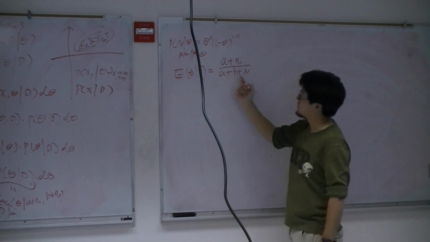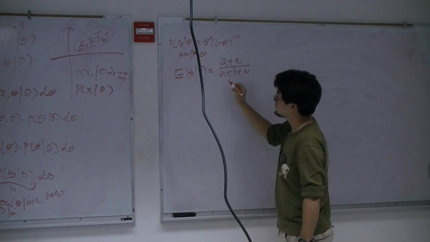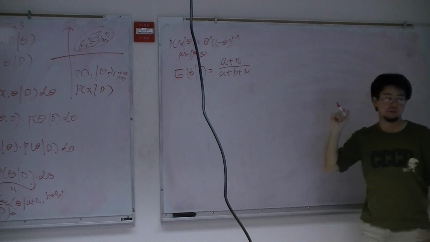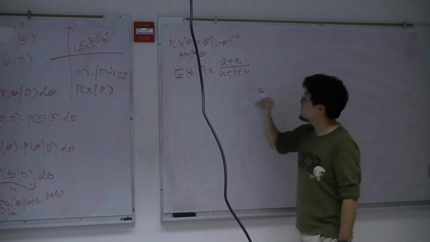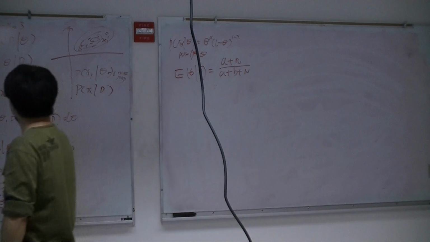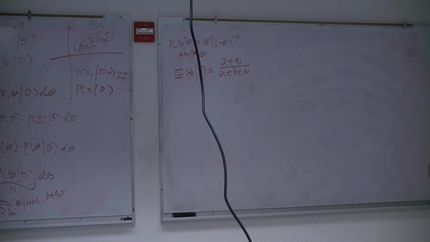So this is the Bayesian estimate of theta. This method, as we mentioned, averages over all possible parameters, so it's not dependent on any particular parameter. So it can avoid the problem of, say, overfitting, because this is not a point estimation.